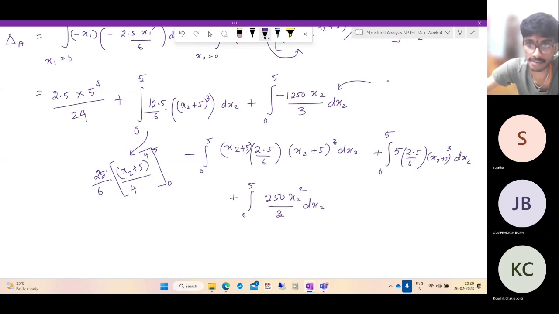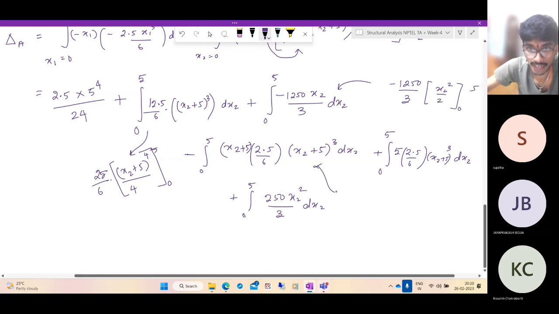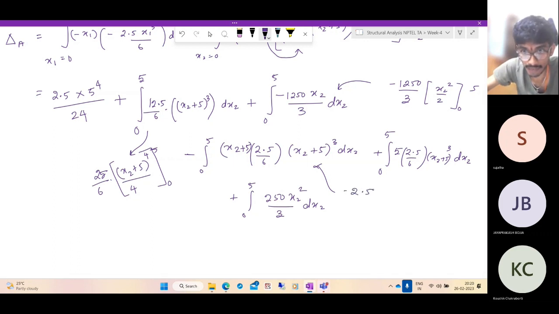And if you integrate this, you will get minus 1250 by 3 x2 square by 2 within the limit 0 to 5. If you integrate this, we get this already power 4, so you get minus 2.5 by 6 x2 plus 5 the whole power 5 by 5. And this we have already clubbed into this, so this need not be considered.